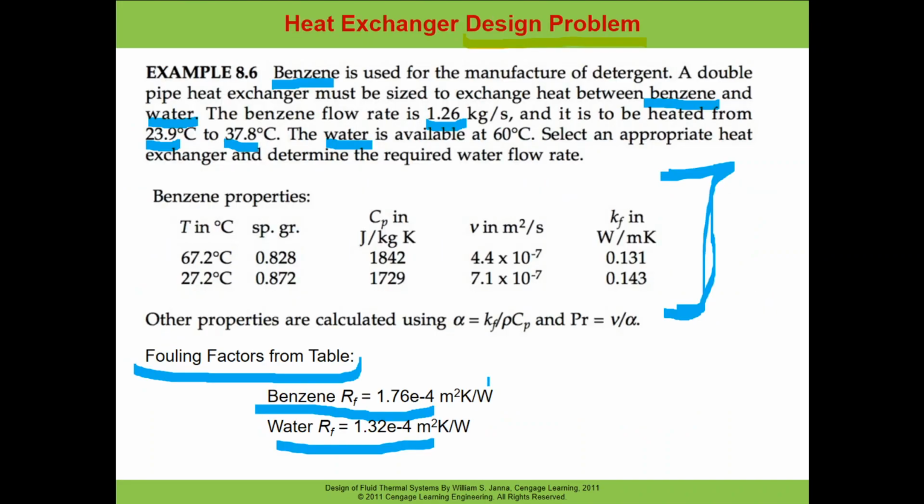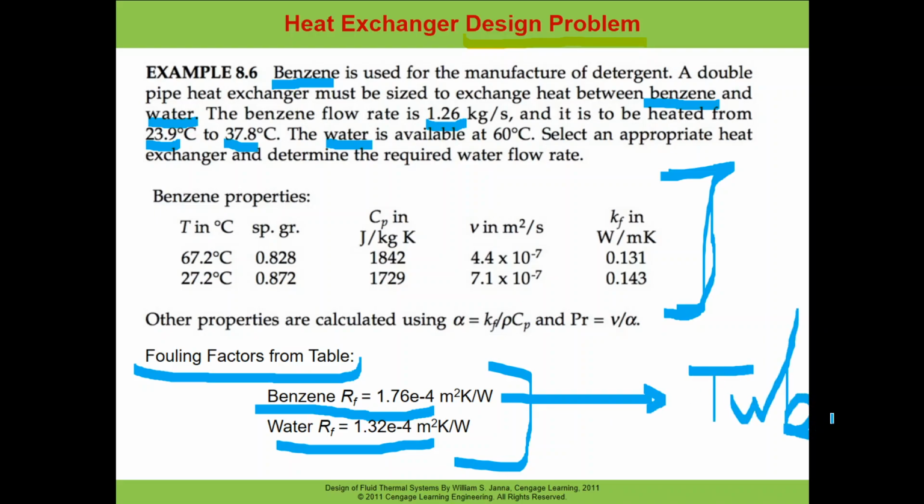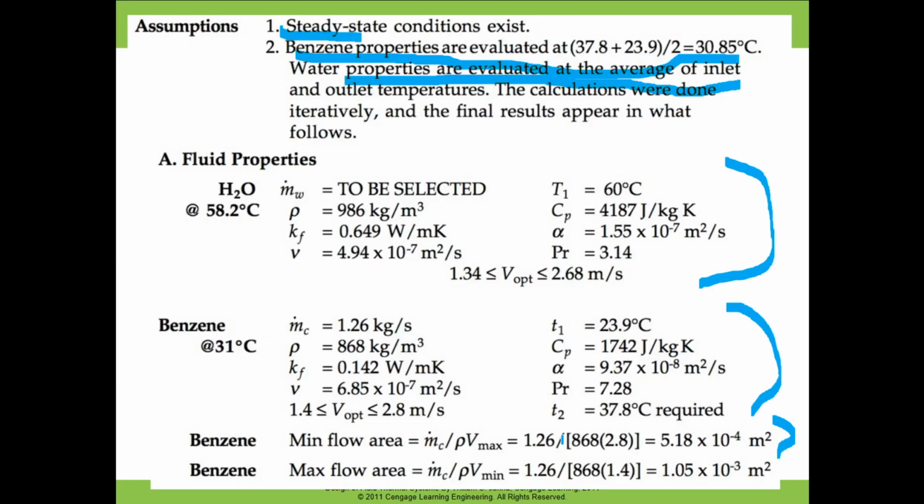Here in this example, we are taking the benzene, which has the higher fouling factor, 1.76, as compared to the water, 1.32, inside the tube.